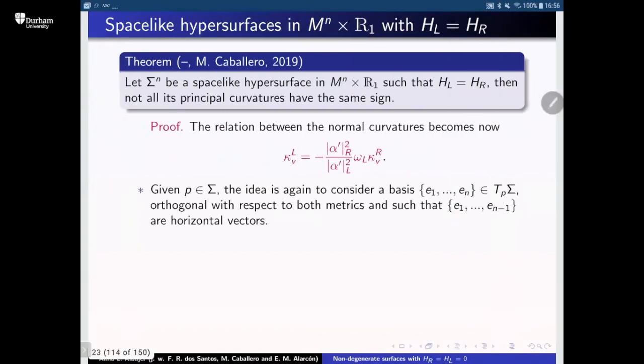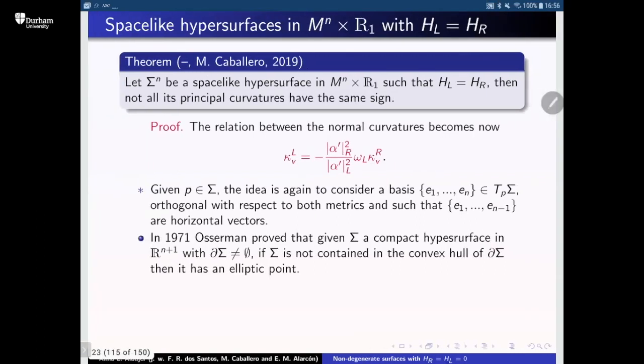So the idea is considering a basis of the tangent space such that the first n-1 vectors are horizontal vectors. And so we do a similar computation as before, and we get the result. But what we want to show is that we can combine our result with a classical result of Osserman.